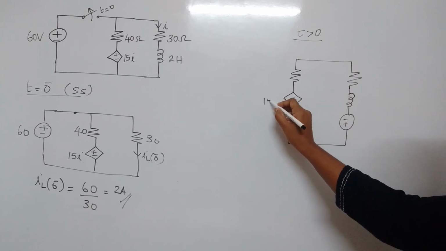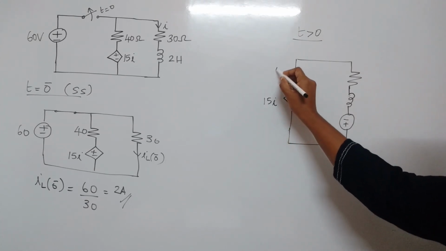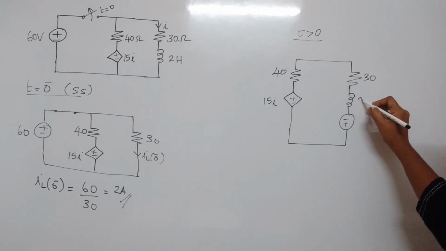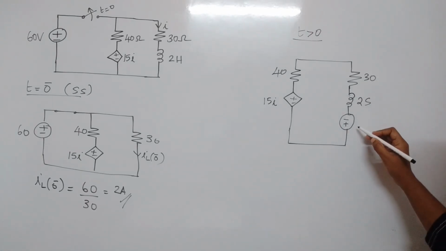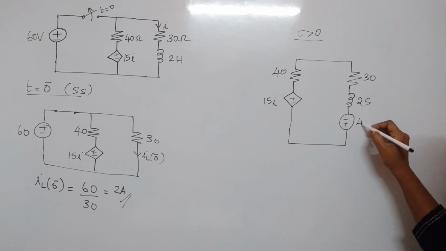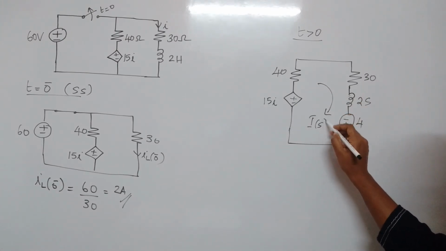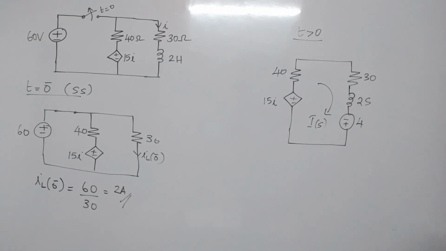This is 15I, 40, 30, 2 Henry is 2S. This is L into I of 0 minus. L is 2, I of 0 minus is 2, so it will be 4 volt. And the current flowing through this is I of S. This is the circuit in S domain for t greater than 0.